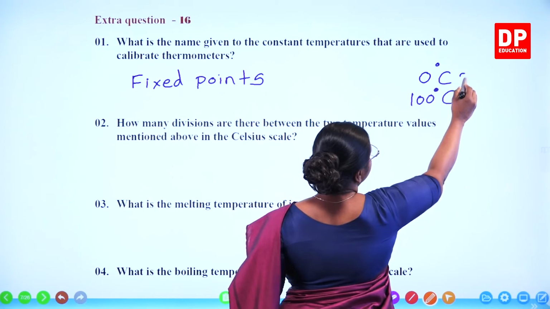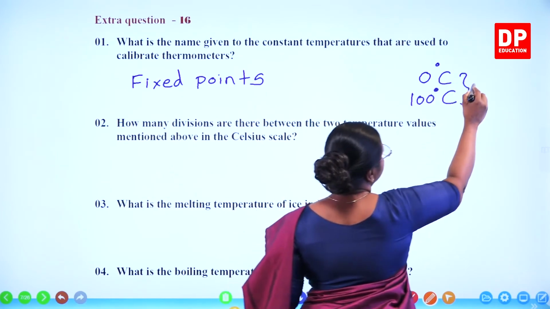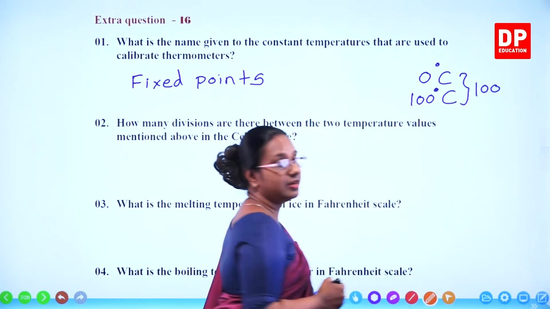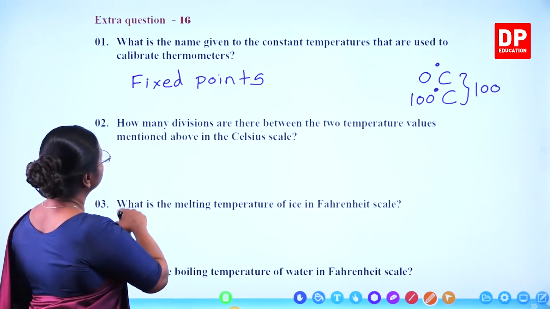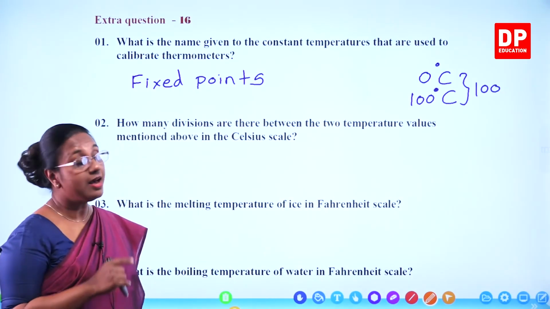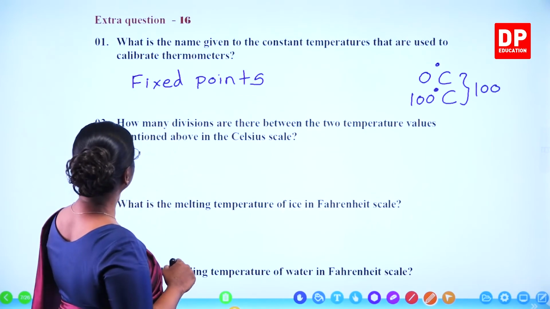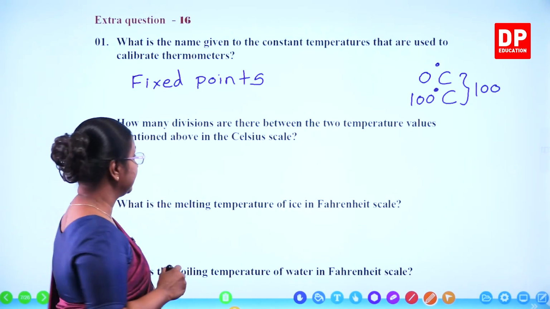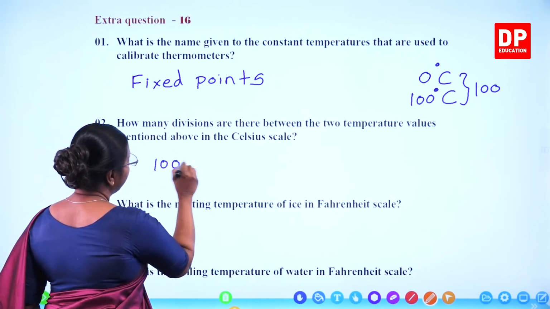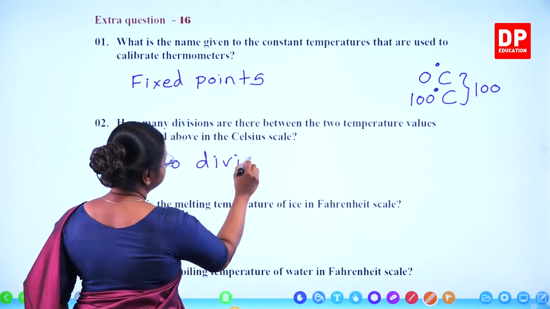So what is the division here, or the number of divisions? There are 100 divisions. So that is the question here. How many divisions are there between the two temperature values mentioned above in the Celsius scale? So you have to say 100 divisions.